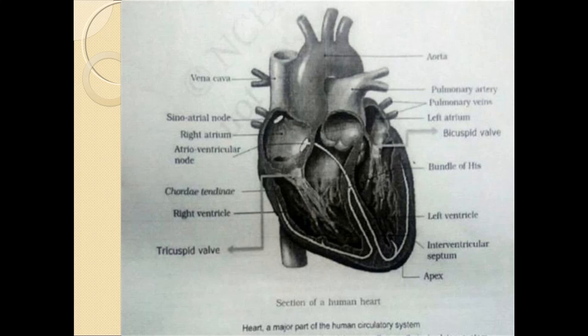So heart is the hollow cone shaped muscular organ. You can see here it has layers, a membrane surrounding, we are calling it the pericardium membrane, and the upper two chambers of the heart we are calling atria, and the lower chambers we are calling ventricles.